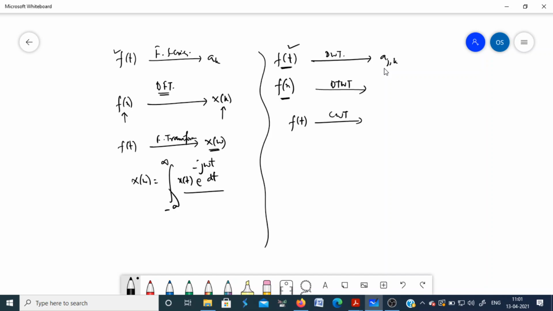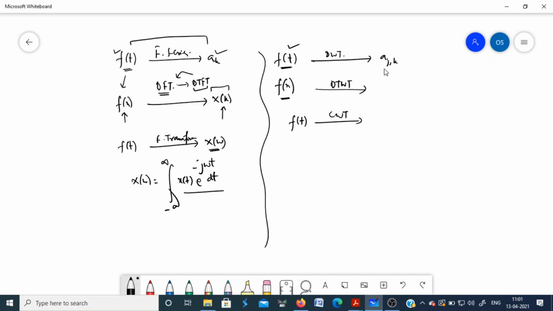Fourier series is used when you have a signal which is periodic, so it maps this function into a series of coefficients. If the signal itself is discrete in nature, we can find its discrete Fourier transform, which is itself obtained by the sampling of the DTFT. So you have the discrete time Fourier transform first, and then you sample it, it becomes DFT.